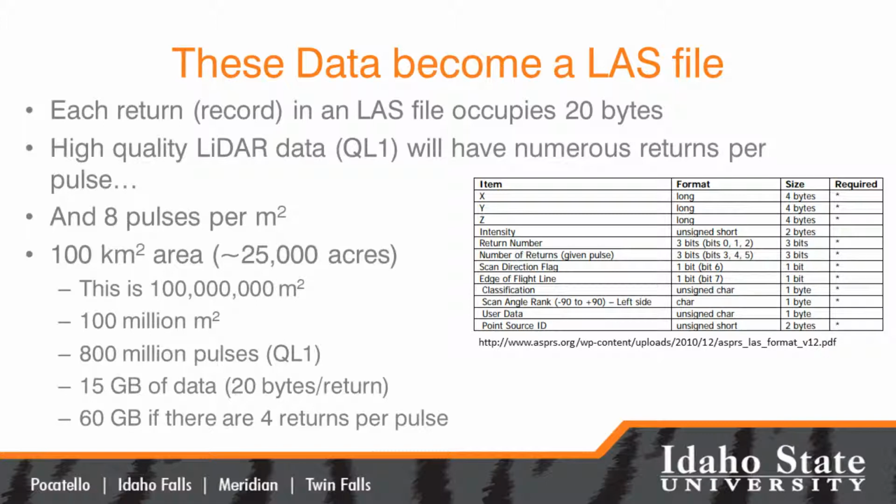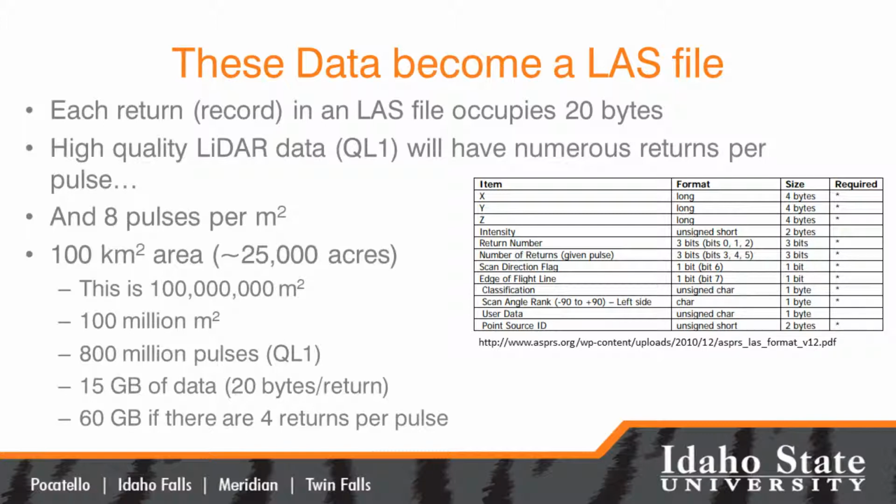On the side here, you see a table representing all of that information recorded as part of the return and stored in this format. This format follows a standard put together by the American Society for Photogrammetry and Remote Sensing, ASPRS.